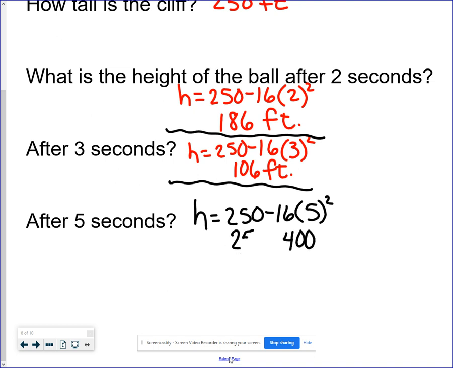So 250 minus 400, that's an issue. That's going to give me negative 150, which doesn't make sense. We don't have a height that's negative 150. What this means is the ball already hit the ground. By the time we get to 5 seconds, the ball had already hit the ground. So it's already on the ground.